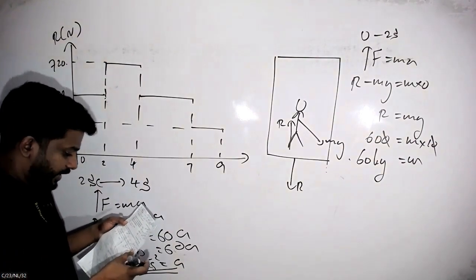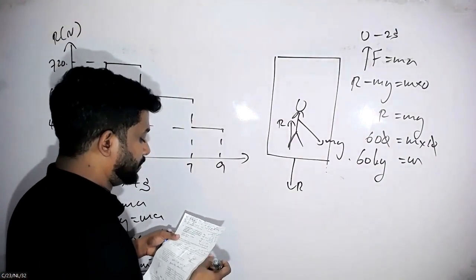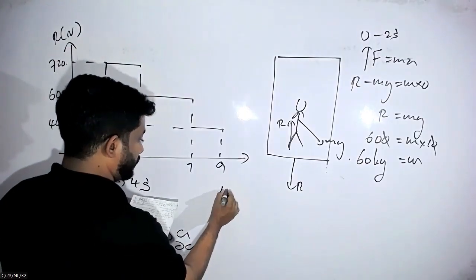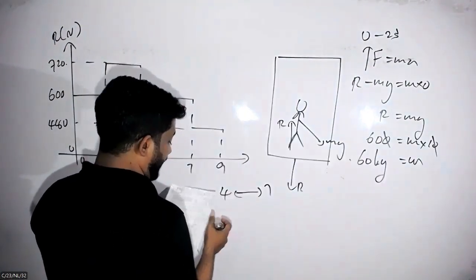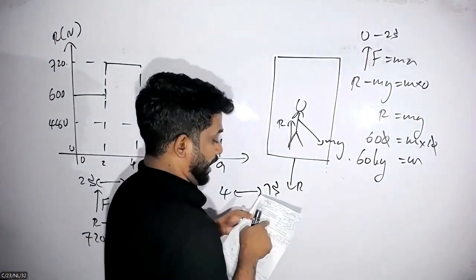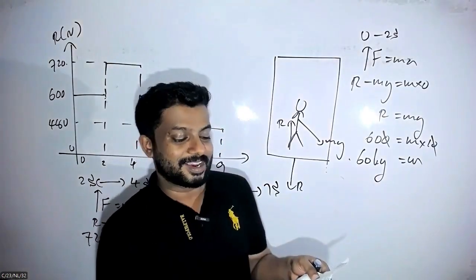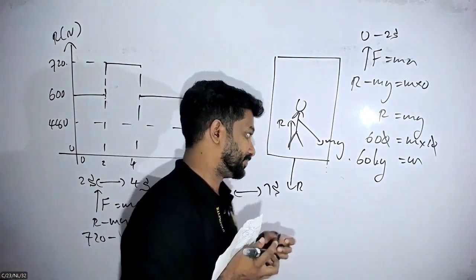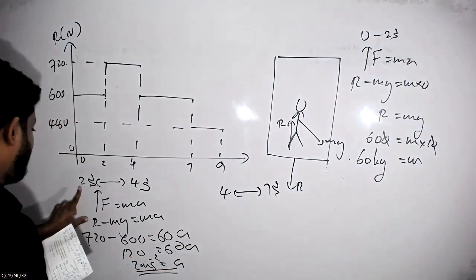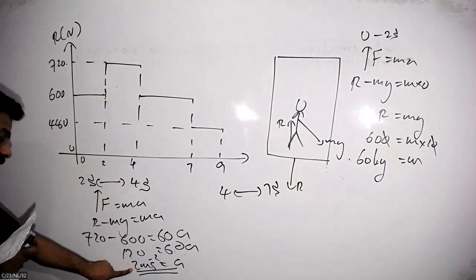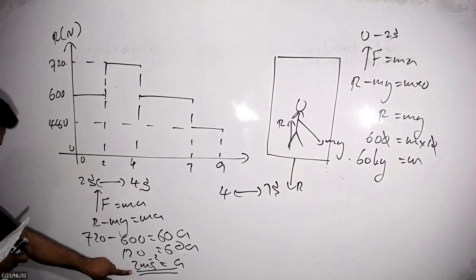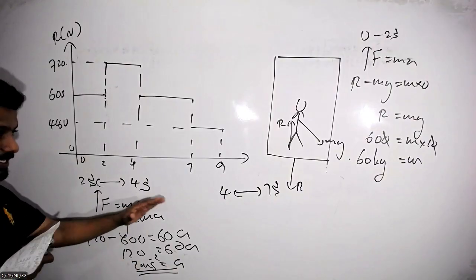Then you can identify the motion of the object during the next 3 seconds, 4 to 7 seconds. Again, you can observe that normal reaction is equal to 600 Newton. That means during the time interval 2 to 4 seconds, the object accelerates from 0. Velocity starts from 0 and accelerates.